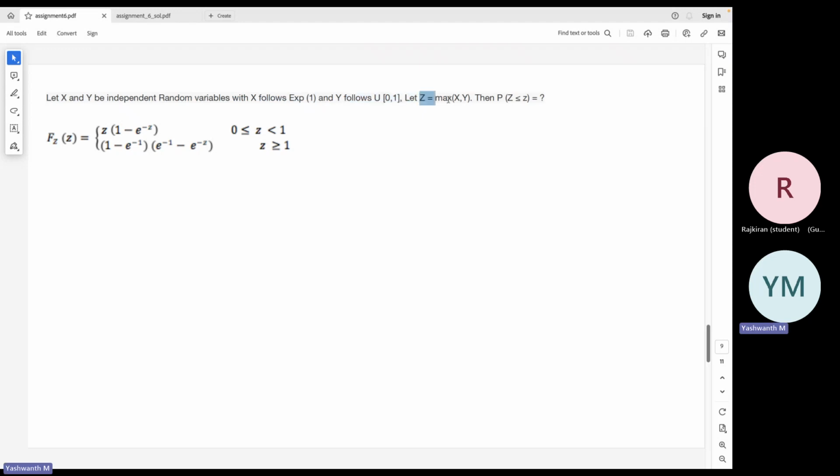And you want to find the maximum of X and Y. And yes, the answer here is not precise, because, can you guess why this is not a valid density function? Because F_Z of plus infinity is not 1.